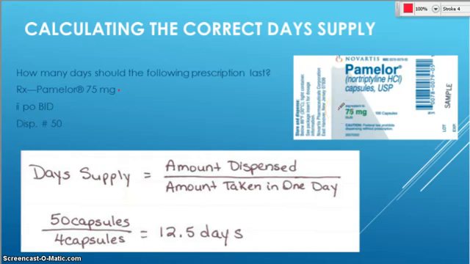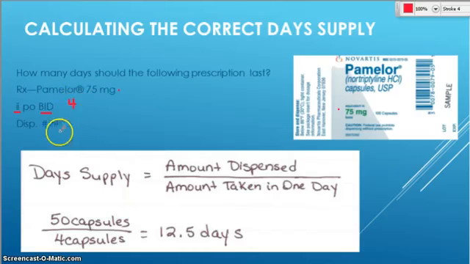I've got Pamelor 75. So I don't have to do any kind of calculations to figure out how many capsules to give. I can just follow the doctor's orders. So the doctor said to give 2 by mouth twice a day. If I'm taking 2 by mouth twice a day, that means they're getting 4 every day.